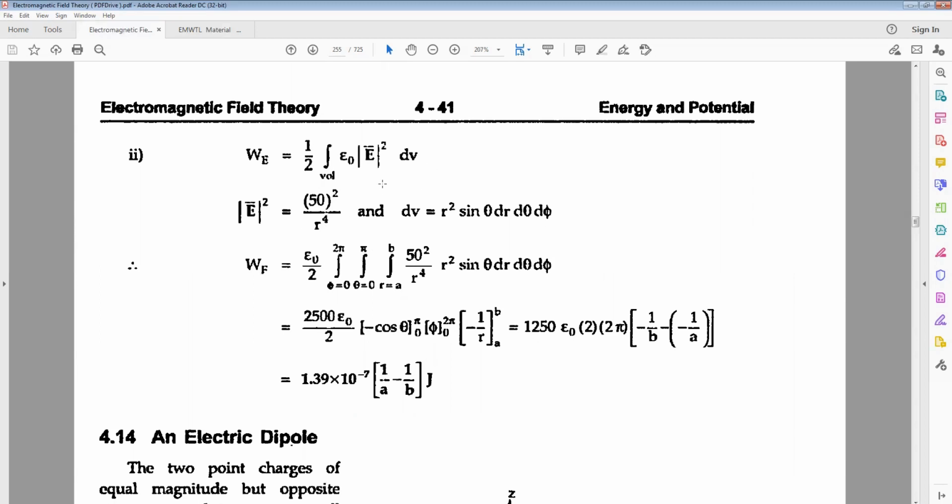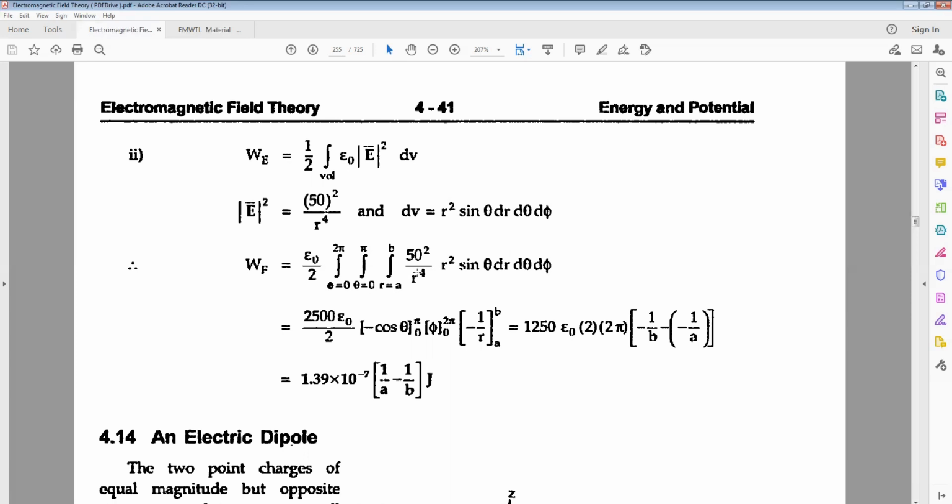What is the dV? R square sine theta dr d theta d phi, since it is a spherical coordinate system. The differential elements are dr, R d theta and R sine theta d phi. So totally you get R square sine theta dr d theta d phi. Phi varies from 0 to 2 pi, theta varies from 0 to pi, and R from A to B.